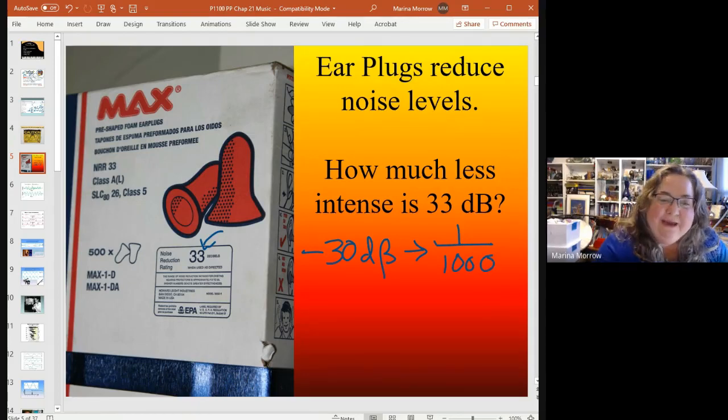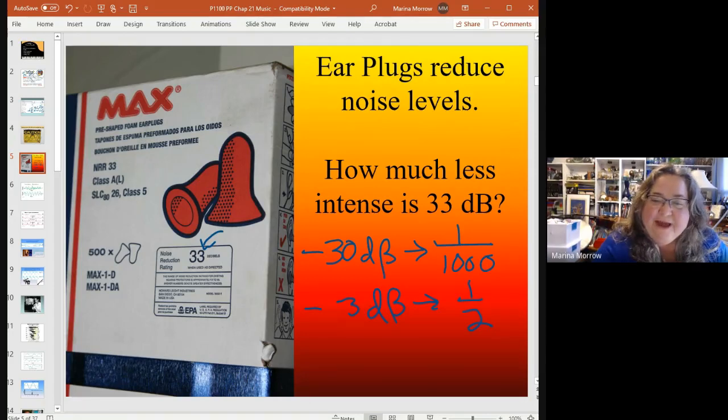Now, 3 dB is something you might see. It's very standard when you buy sound equipment. You'll have 3 dB filters, and that cuts out half the noise. So 3 dB is 1/2 when you take it away. So mathematically it works out to that. So that would be 1/2.